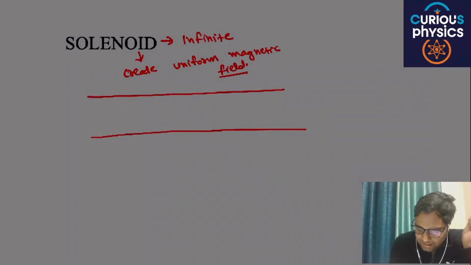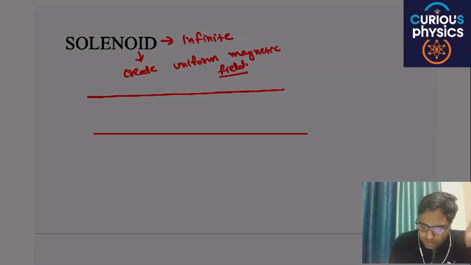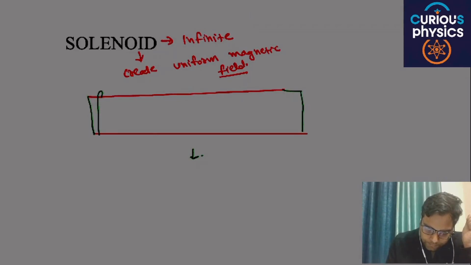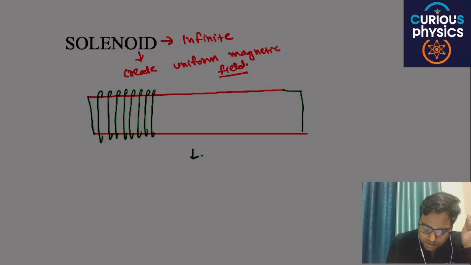Let L be the length of this uniform solenoid, and these are the extremes, and here so many wires are wound on this particular structure.